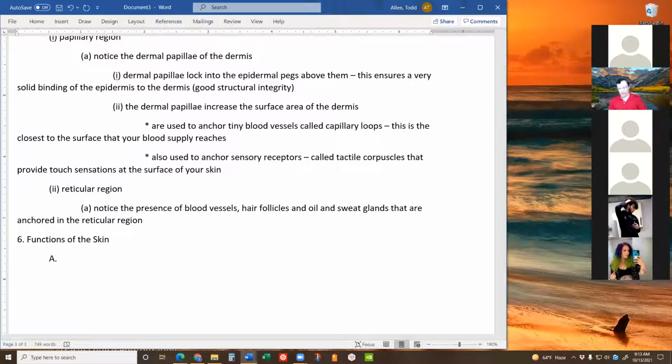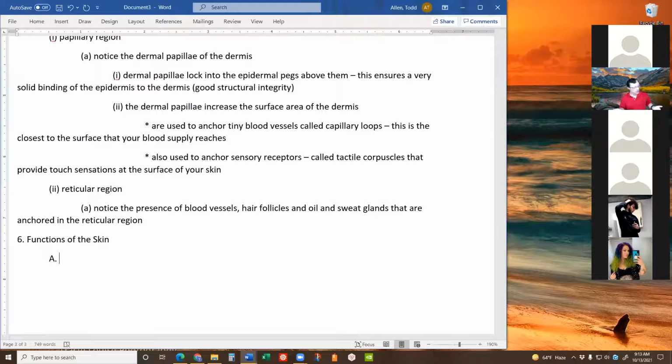Your skin does a lot of things for us. We benefit from what our skin is capable of doing. First off would be regulation of our body temperature. The fancy word for this is thermoregulation.